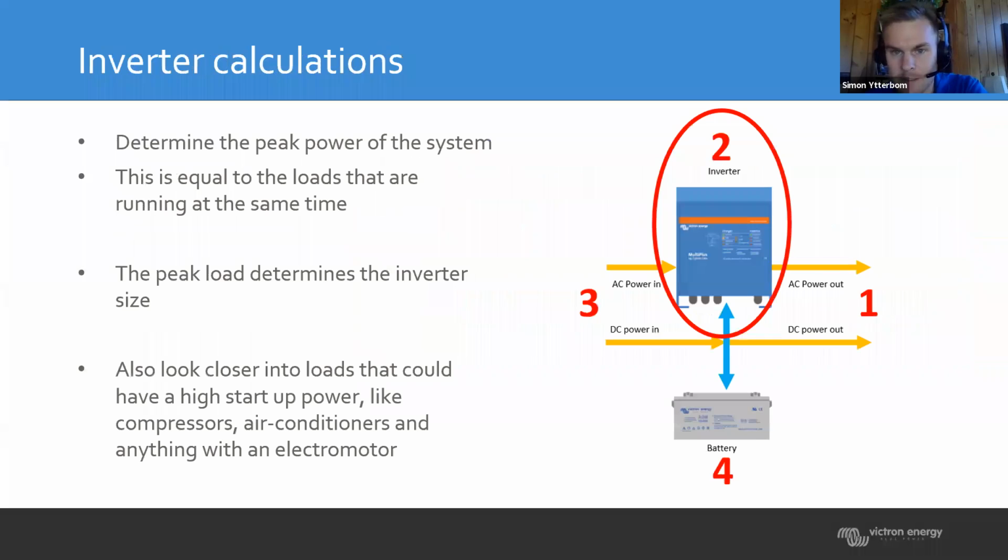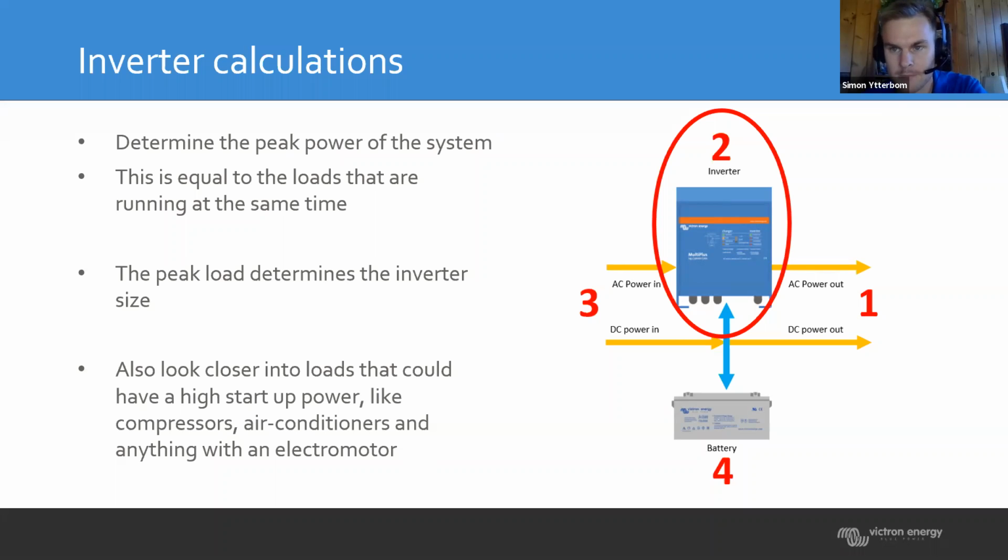Once we've tallied all this information up, we can take a look at what kind of inverter we need to supply the loads. Try to use the smallest possible inverter. A smaller inverter is more efficient than a large inverter.